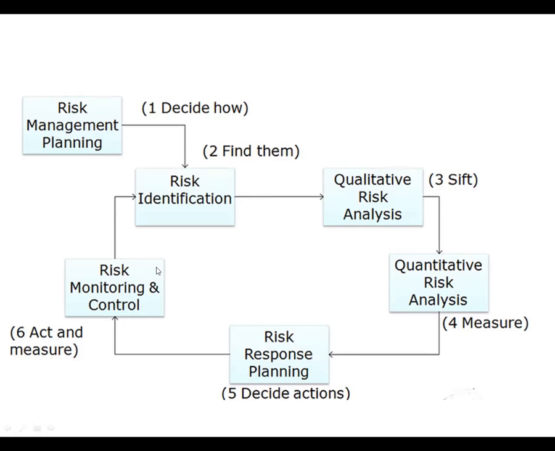In qualitative analysis, as you may remember, we develop a prioritized list of risks. We identify the risks and prioritize them according to their effect and the damage you can have from that risk. Then quantitative risk analysis gives some numbers for the harmfulness or effect of the risk. And then we decide the actions after that.